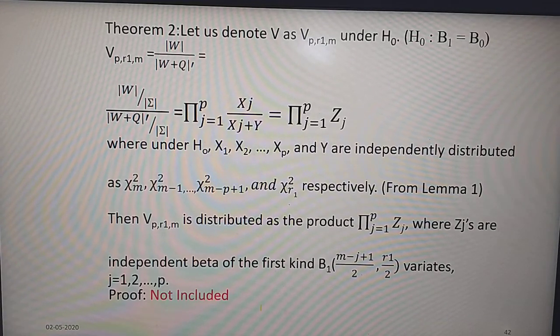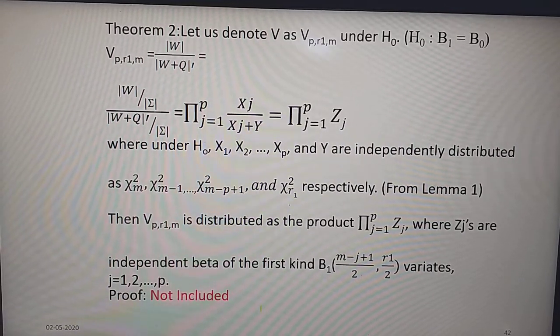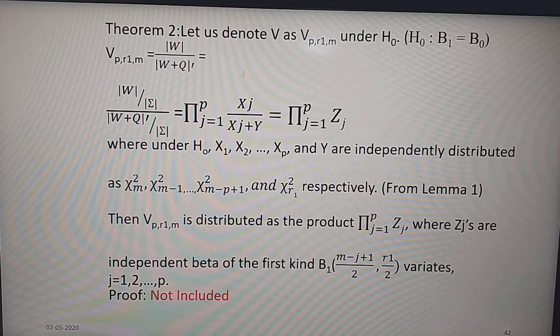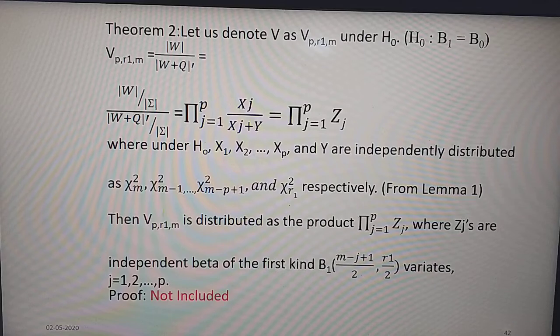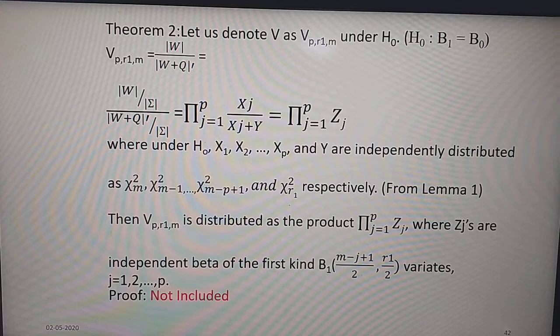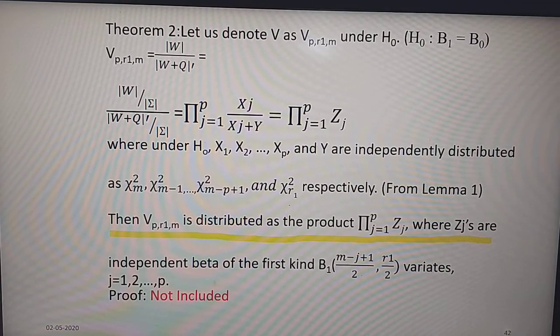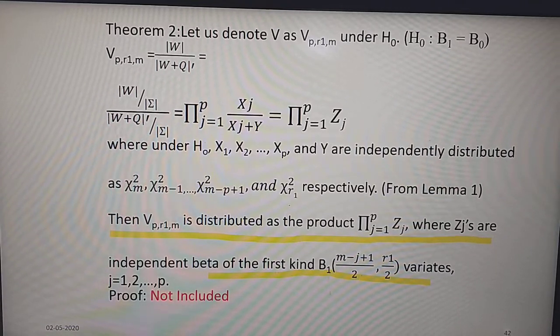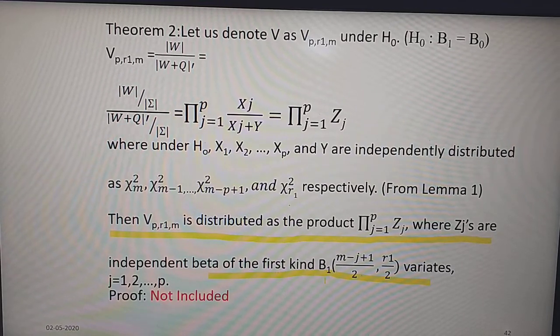Today we will do the last part of testing general linear hypothesis. Last time, in the last lecture, we did this theorem, and in that, what we found is the distribution of V. Without proof, this V(p, r1, m) is distributed as the product of Z_j's, where the Z_j's are independent beta of the first kind with parameters (m minus j plus 1)/2 and r1/2. These are the parameters of the beta of the first kind distribution.